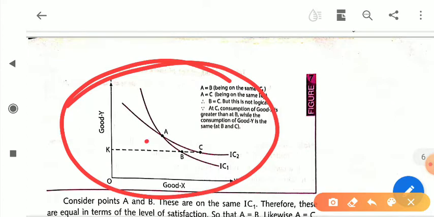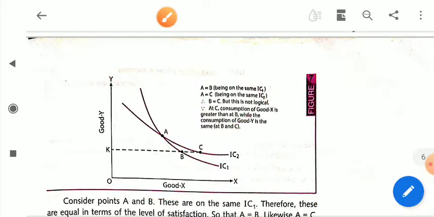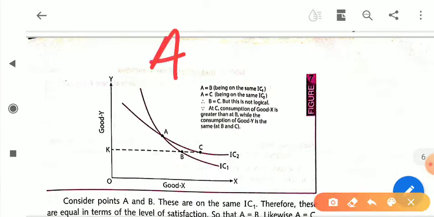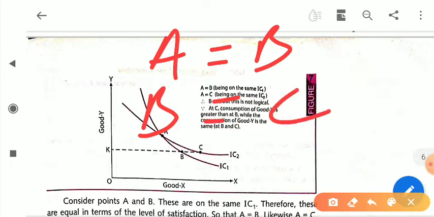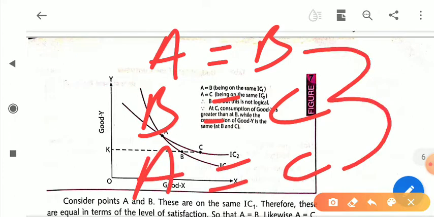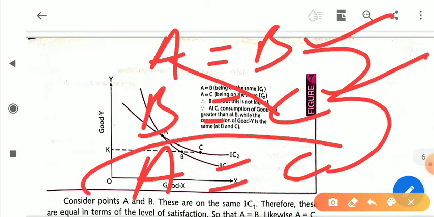In this case, they intersect at point A, and when we draw a line, we get two points, point B and point C. By this intersection, we can conclude that if A equals B, and B equals C, then A must be equal to C according to the mathematical rule.